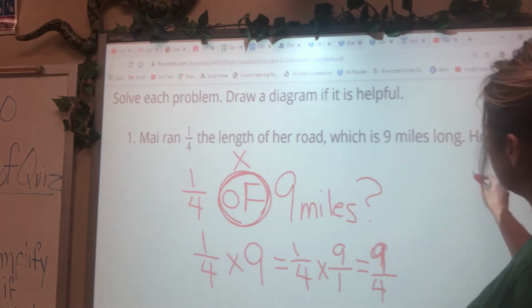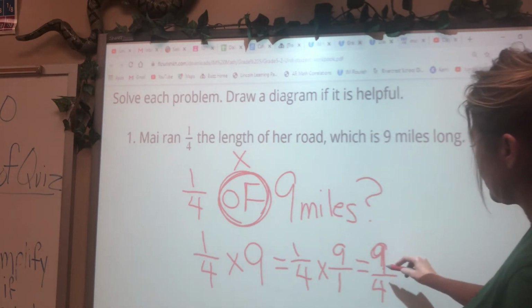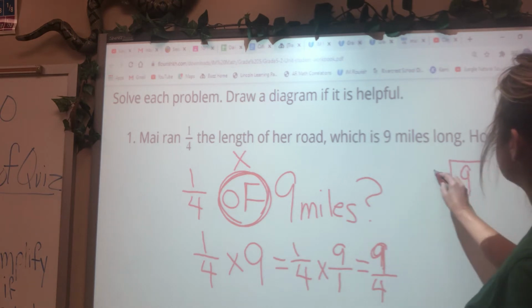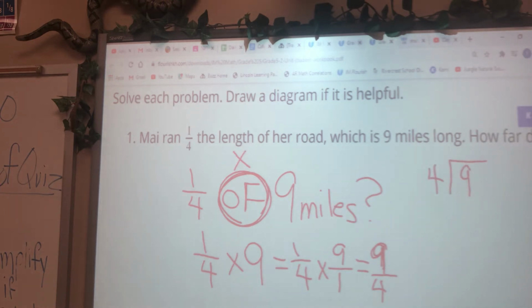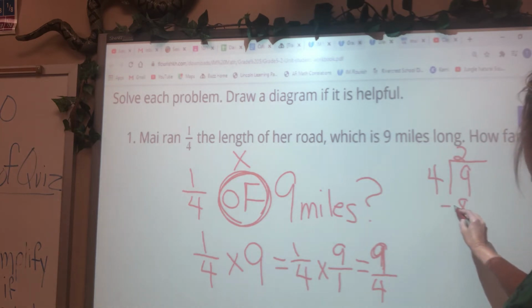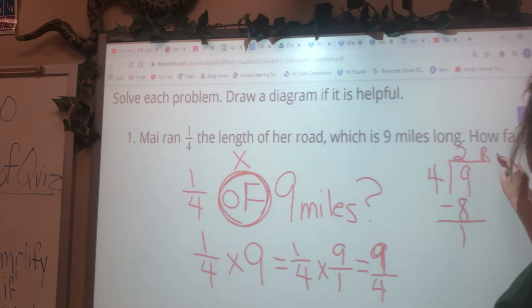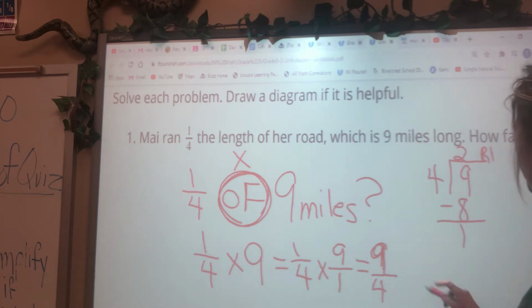So we would go over to the side, top to bottom, 9 divided by 4. So we have 9 divided by 4. We know 4 will go into 9 2 times. 2 times 4 is 8, and then we subtract. We don't have anything to bring down. 4 won't go into 1, so we have 2 with a remainder of 1.